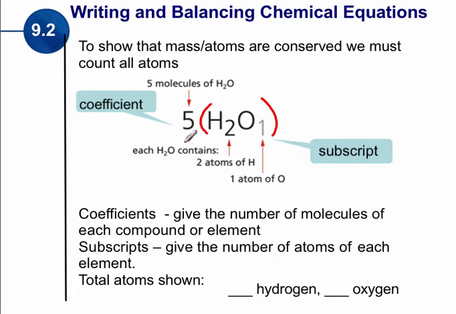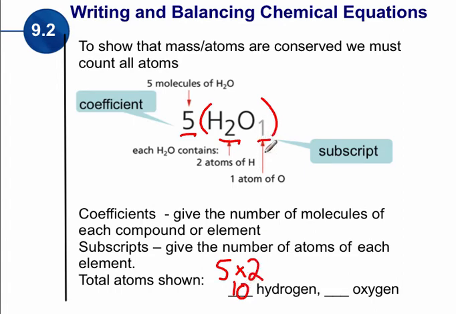To find the number of hydrogen, we have 2 hydrogen atoms per molecule and 5 molecules. So it's just 5 times 2, which gives us a total of 10 hydrogen. Same thing would apply to the oxygen.